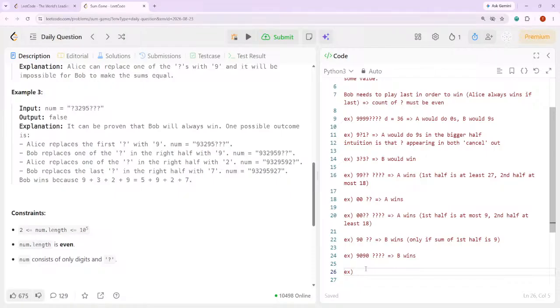I guess I really want to know whether or not this is Bob wins. Yeah, it does, right? Because whatever Alice does in any of these two question marks, Bob does the complementary to add up to 9. And similarly, any of these question marks, Bob wins.